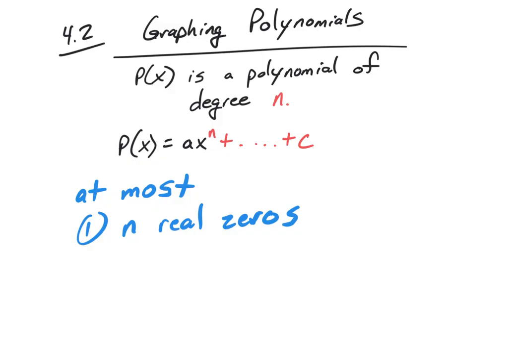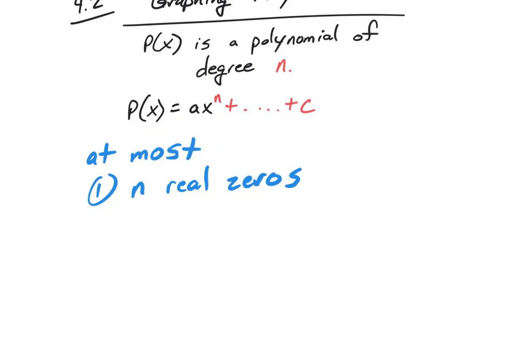If I have a degree of 3, it could cross the x-axis up to 3 times, right? So the degree tells me how many times it could cross the x-axis. That's why I showed you all those 3 different graphs. They're all quartic graphs, but they each had a different scenario as far as how many zeros they had. So with a degree of 4, 4 is the most. If you have a degree of 4, you can't have 5 zeros. Okay, so that's the first thing: at most n real zeros.